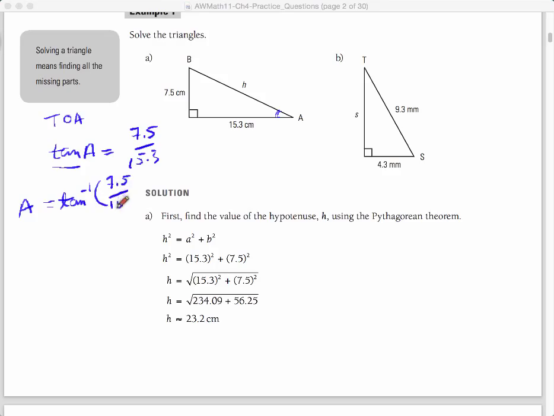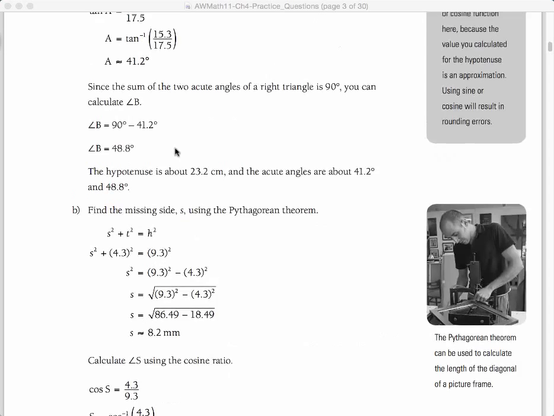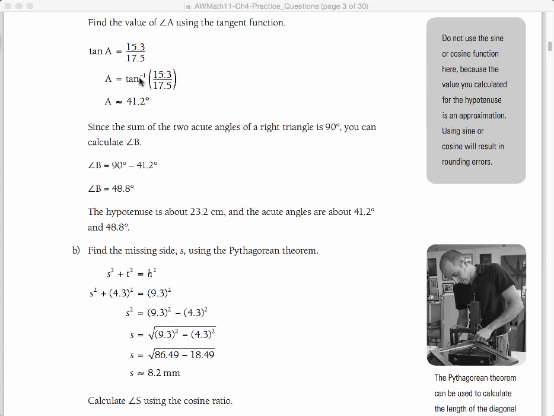We can do this all in one step: punch in tan to the negative 1, open bracket, 7.5 divided by 15.3, close bracket, and that will give us the answer. And the answer is down below. So here's the inverse tan, 15.3 over 17.5, and they find the angle is 41.2.